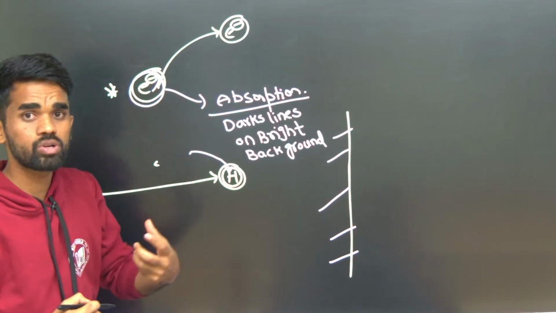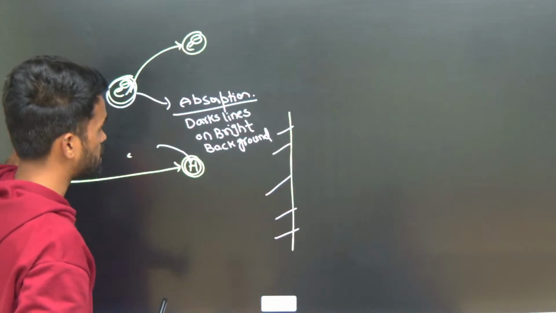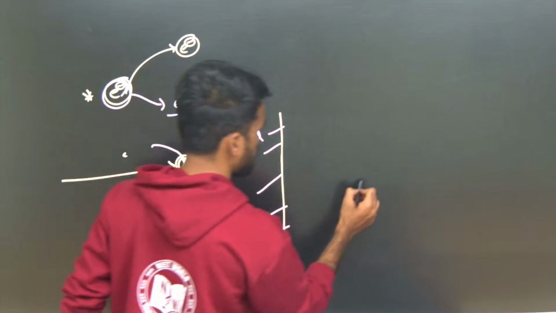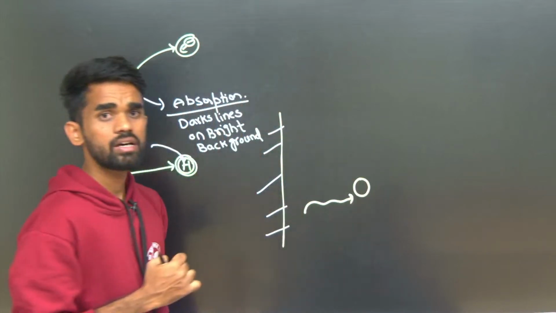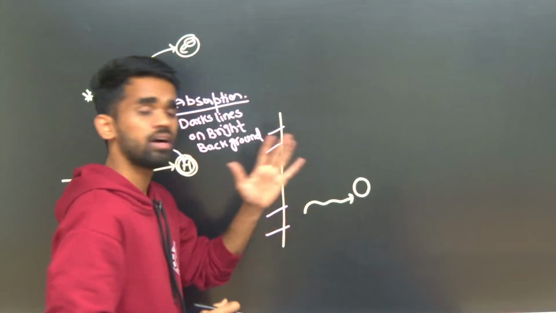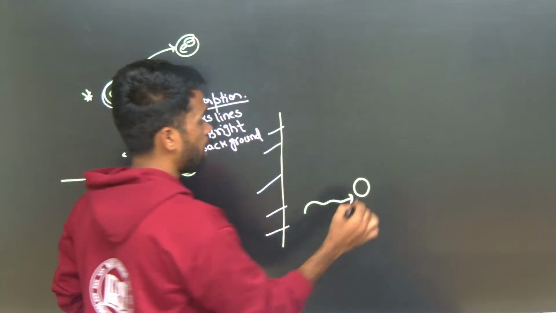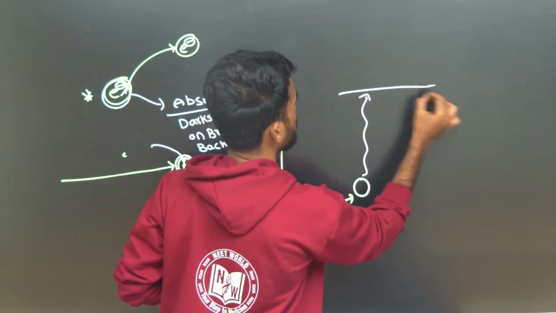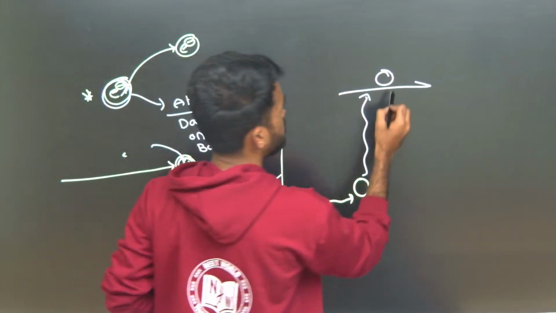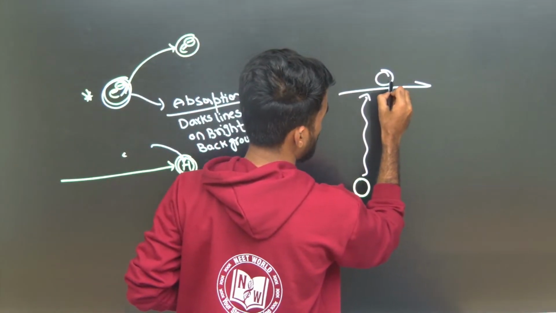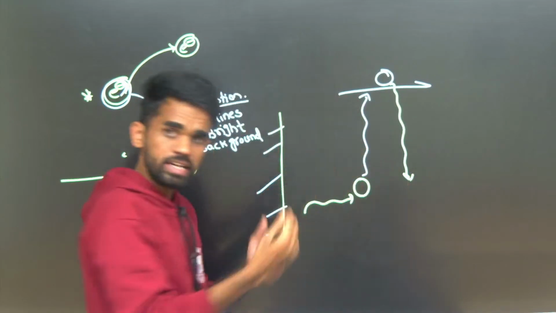Now we have one more, called emission spectra. So what is this emission spectra? For example, here I have a substance, and to this we are giving light, we are giving energy. Now what happens? It absorbs the energy and excites to a higher energy level. After excitation, after some time, the excited species falls back into its original position.